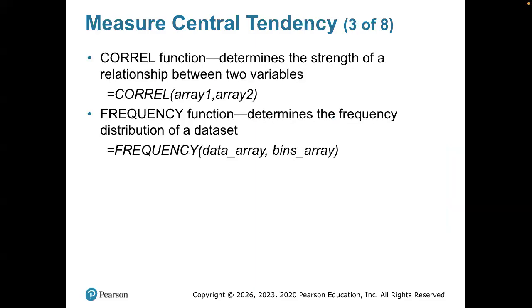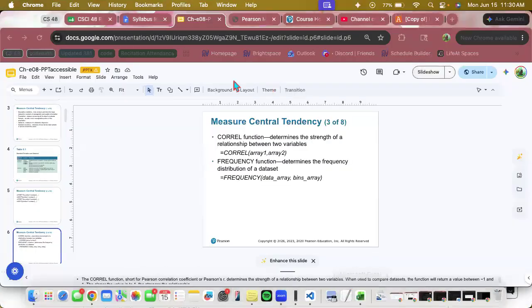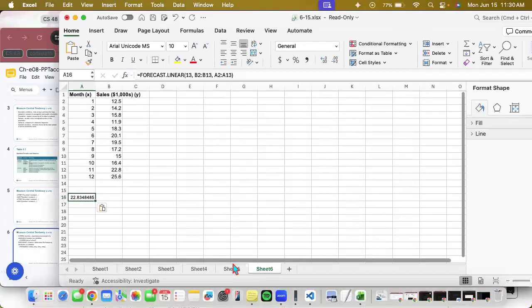We also have a correlation function, CORREL. This is going to be showing the correlation, or the strength, between two variables. So as an example, let's take a look at if I were to compare ice cream sales with the temperature.